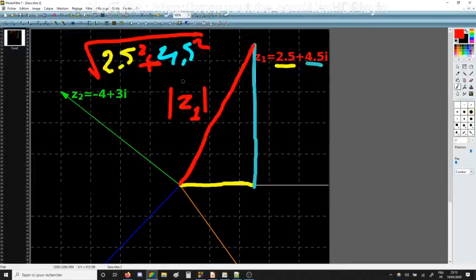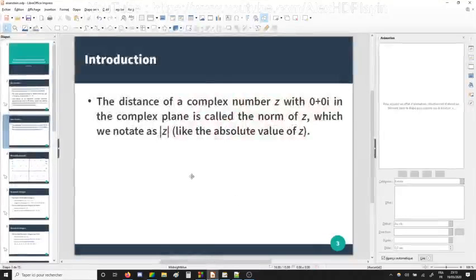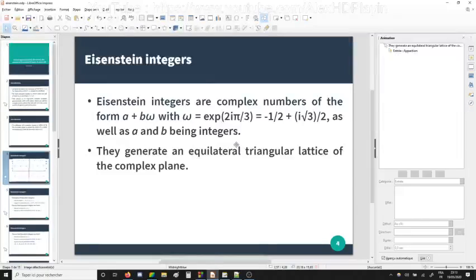And here we go, we have the norm. So the norm of z1 is just that, by Pythagoras' theorem. I'm not sure how it's pronounced. But yeah, here we go. So let's keep on moving. That was just a little introduction.